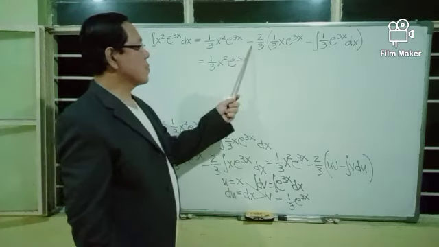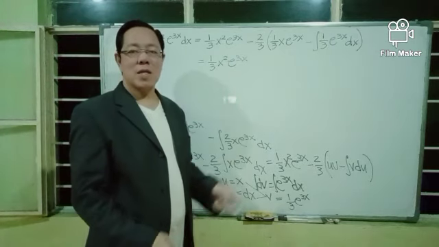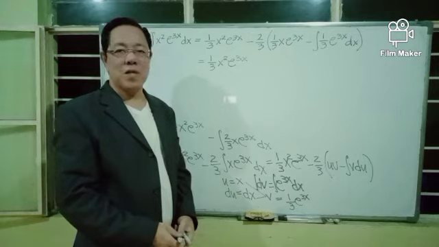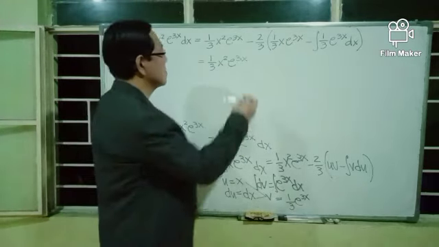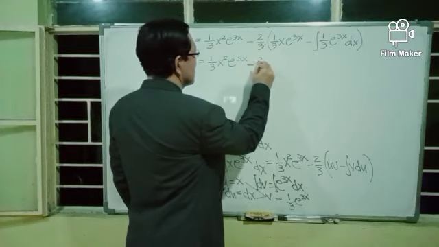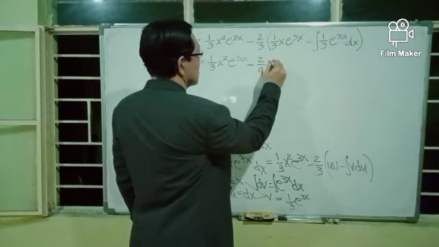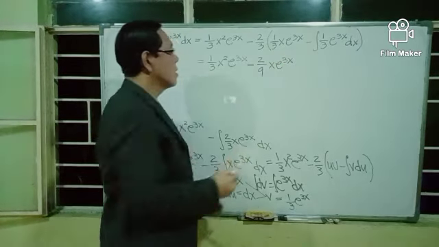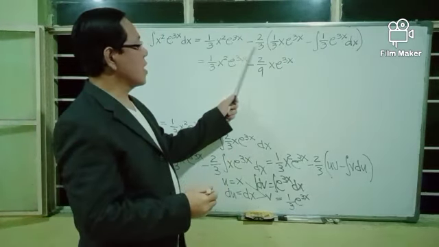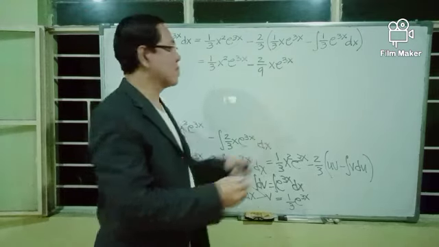We have negative 2/3 multiplied by 1/3 is negative 2/9 x times e to the 3x. And negative times negative is positive.